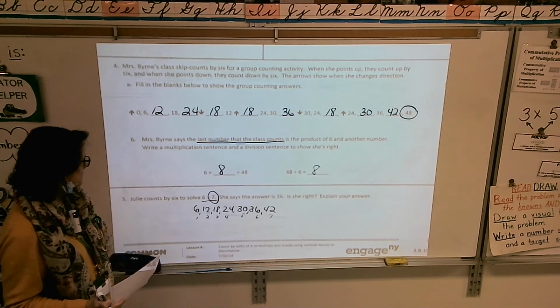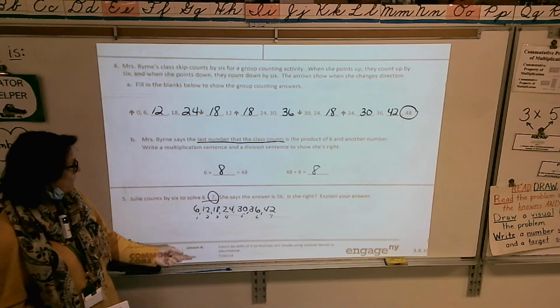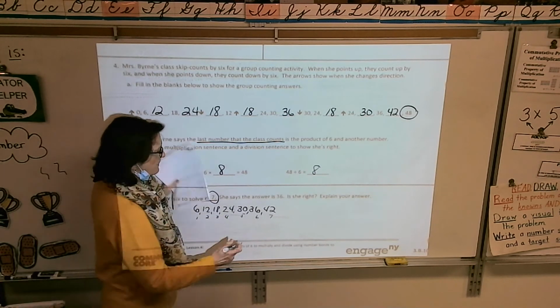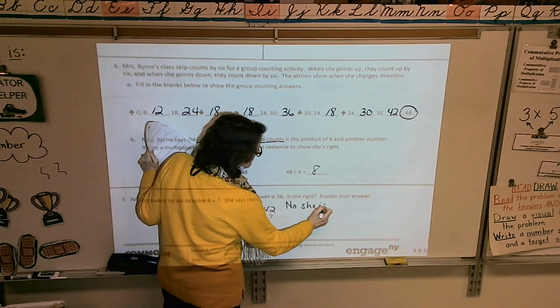I got 42. So Julie says her answer is 36. Is she correct? We can say no, she is not correct. It is not 36. So we'll say no. She is not correct.